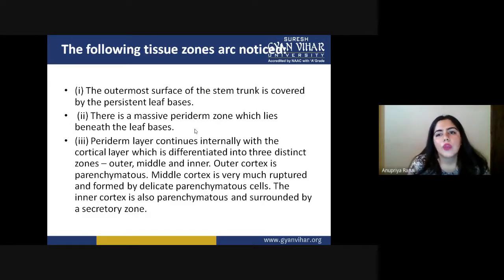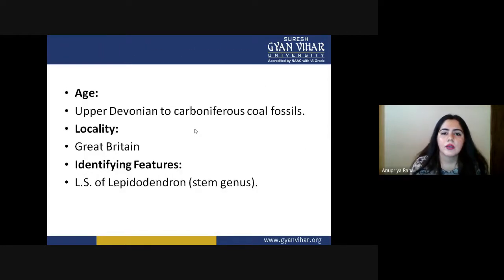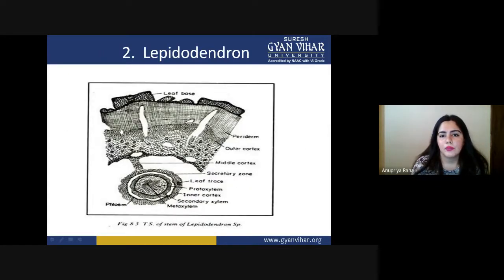The following tissue zones are noticed in the LS of Lepidodendron. The outermost surface of the stem trunk is covered by the persistent leaf bases. Actually this fossil was showing secondary growth, because you can see in the diagram this is the periderm, and periderm only forms when secondary growth happens inside the plant.